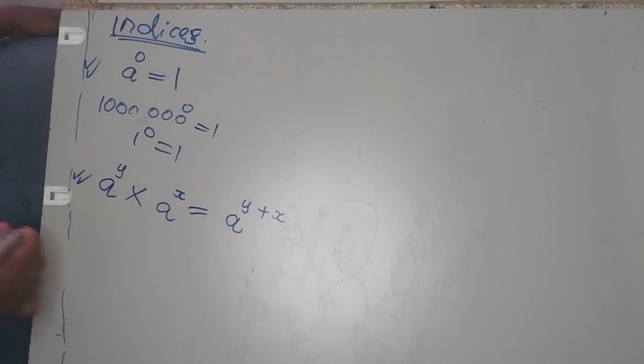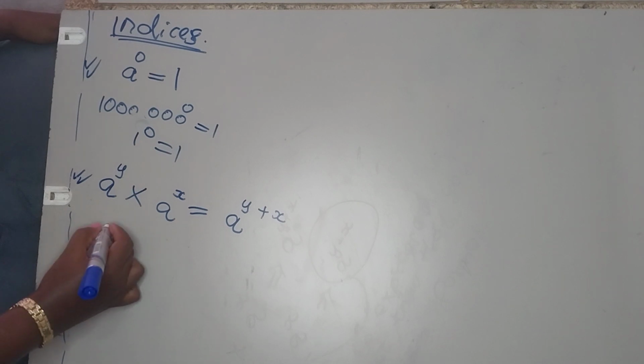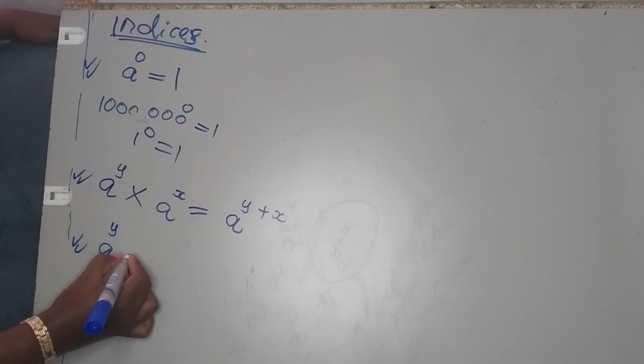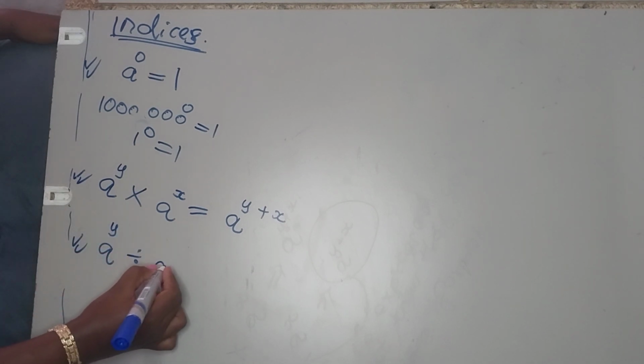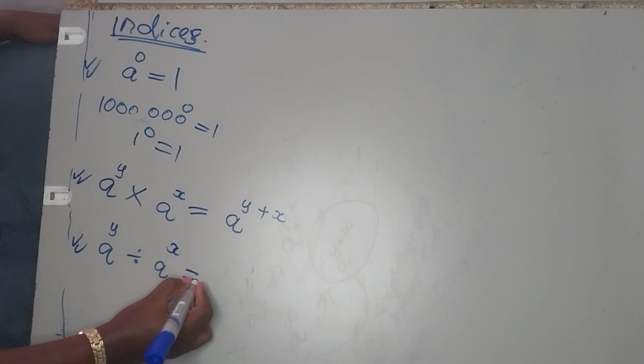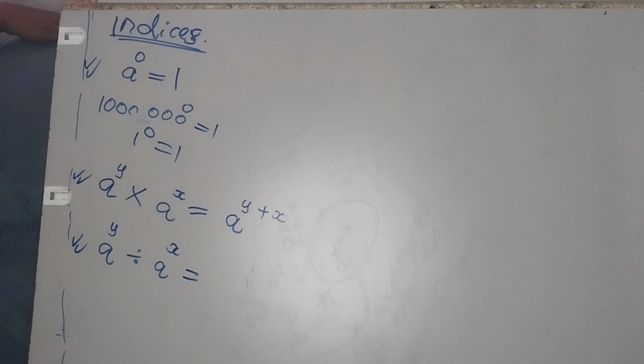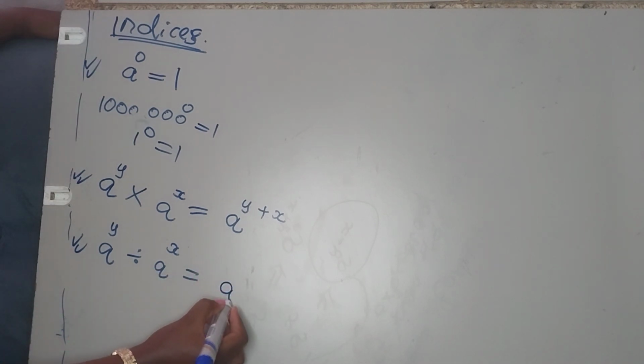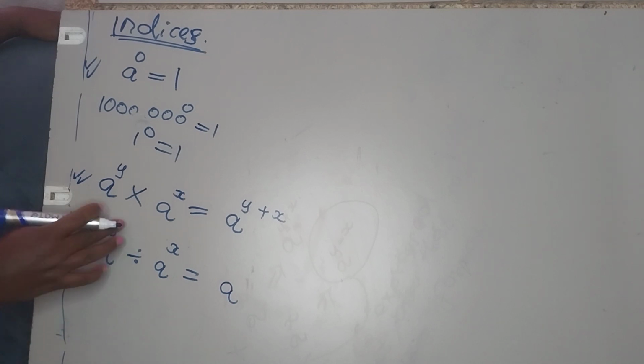Let us visit the division. Let's assume we have a number A raised to the power Y divided by the same number A raised to the power X. What does this mean? This simply means you are going to have an answer with the number, and the division will mean subtract the powers.